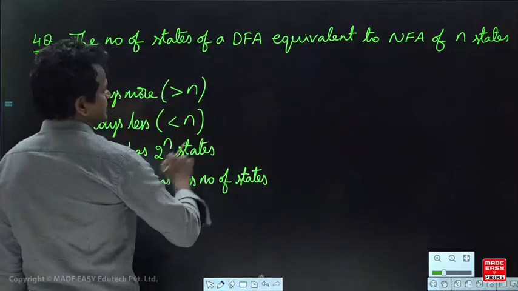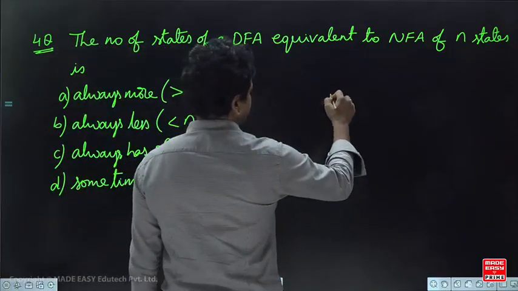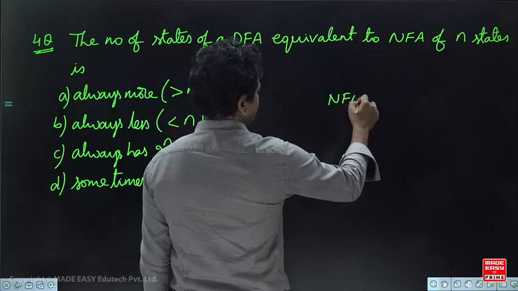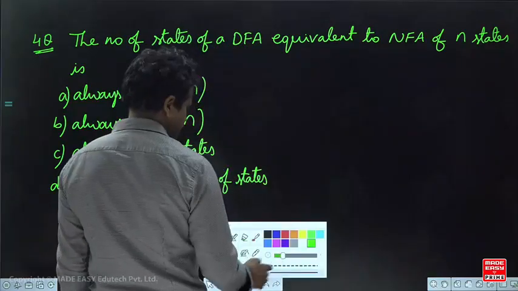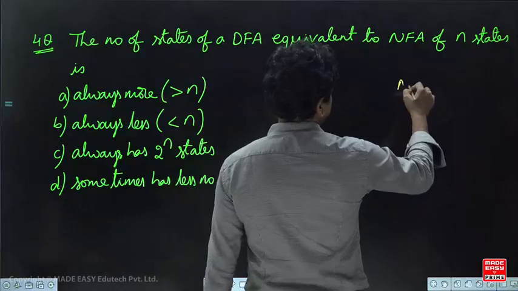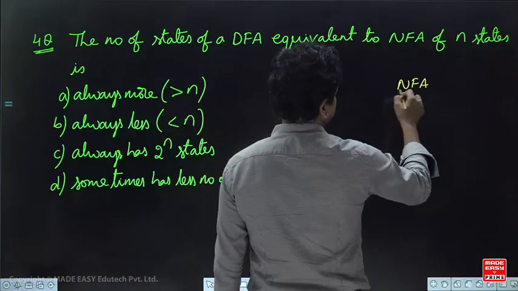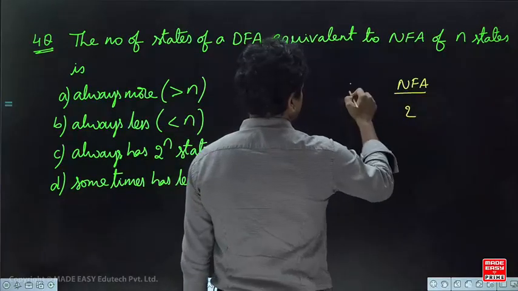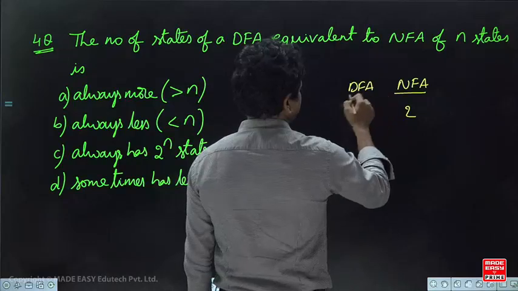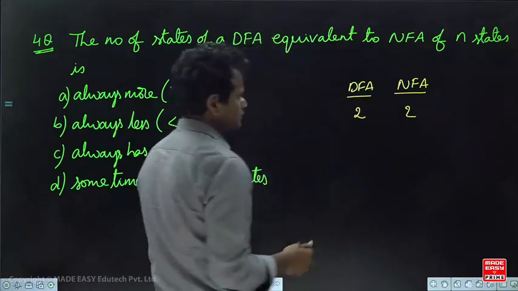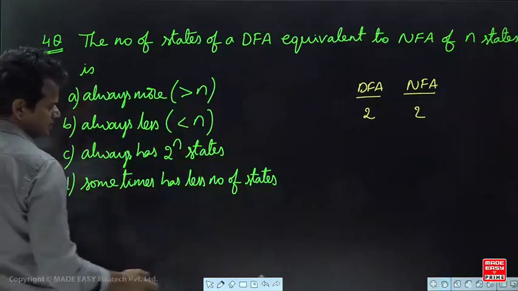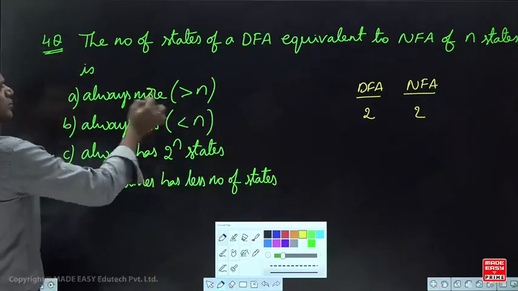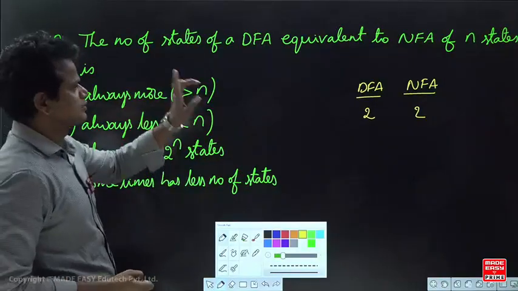Okay, now look at this one. Whatever we did in yesterday's first question, the NFA has 2 states and the equivalent DFA is also having 2 states. So if the first option, always more, is correct, do you understand?